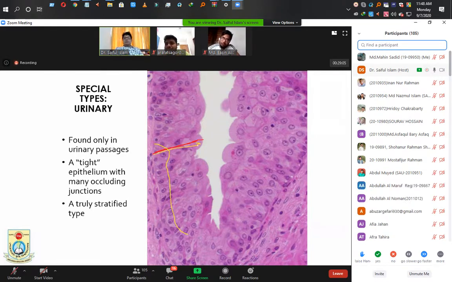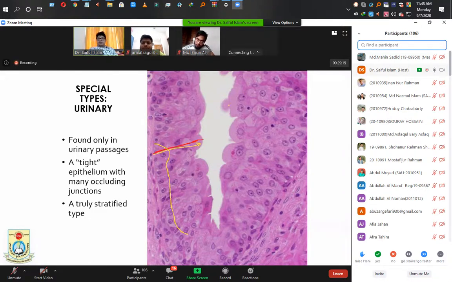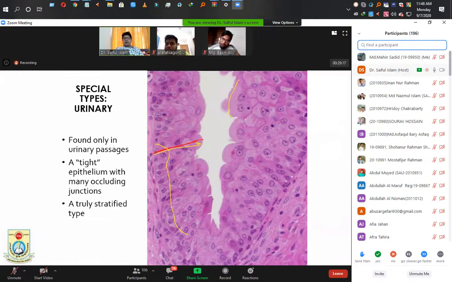If you check the urinary bladder when it is empty, the top layer cells look cuboidal, or the cells are very big. The top layer cells are very big, and you can compare their shape to a dome.